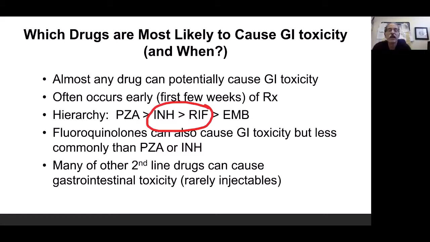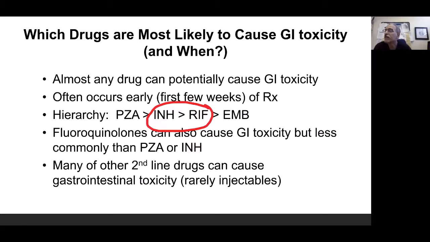Again, I don't know if that is a patient related issue or a genetic issue, but I think that we actually find more problems with rifampin. Fluoroquinolones can also cause toxicity and probably are in the middle there. A little bit less common than isoniazid and rifampin, more common than ethambutol.